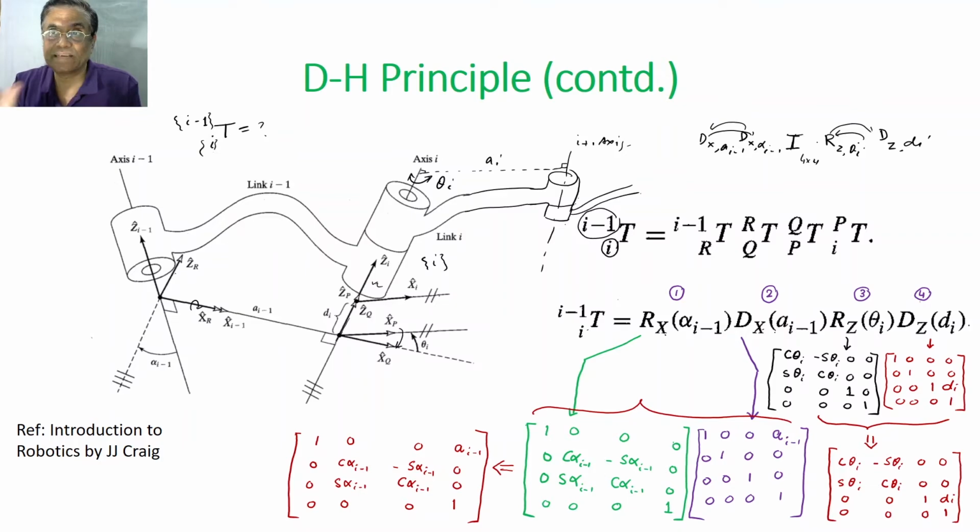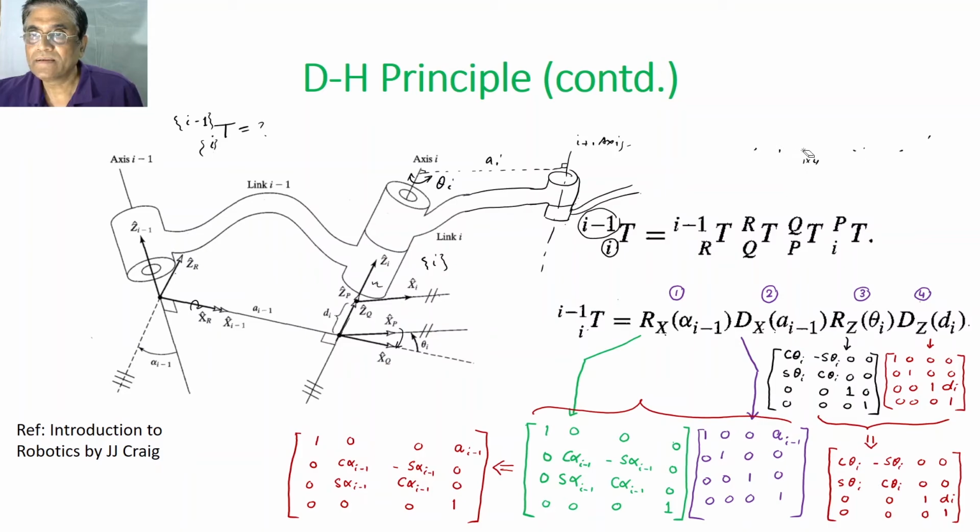Why? Because inside T there is a rotation matrix, and this is an orthogonal matrix. So you see, we have even deduced why it should be like that. Okay, it's a good exercise, or you can refer to my earlier lectures. That is all I wanted to tell you, and very good.